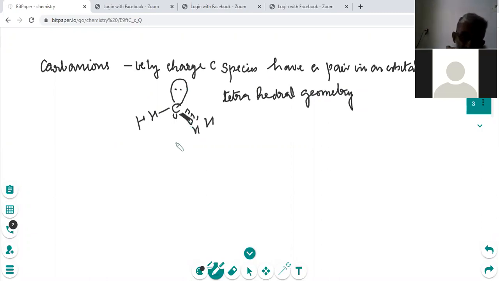And you have to remember this, they can equilibrate into this form. See here, this can go back, this can fold back.